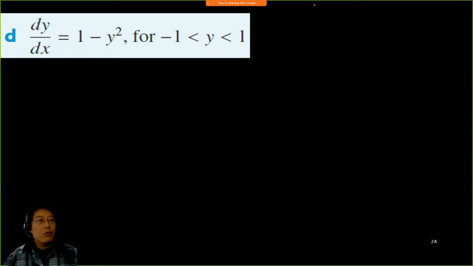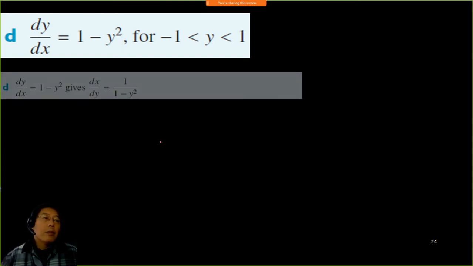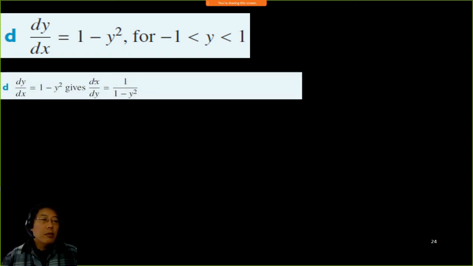All right, with the last one, we do the reciprocal, so it's 1 over 1 minus y squared. We have the dy on that side. Now, do not forget, if it was a plus, you have to think inverse tangent.